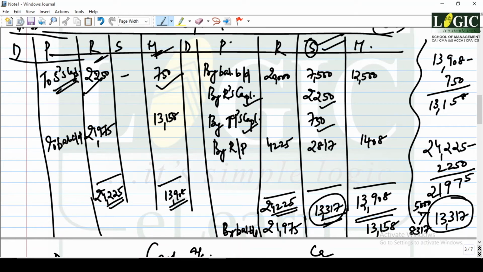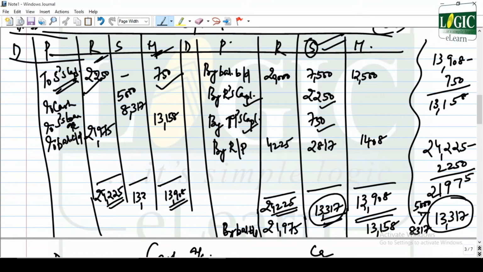Now regarding the retiring man, you will be writing to cash immediately 5,000. Now to S's loan account, how much? 8,317, and totally 13,317. This man was packed off, so there is no balance for the retiring man.